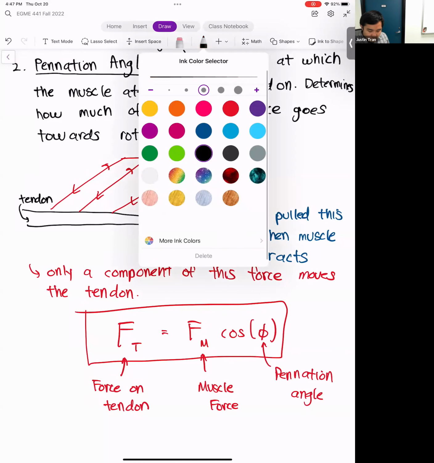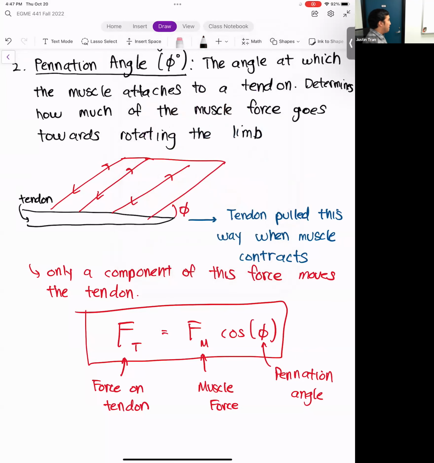For some muscles, the pennation angle is 0, and those are muscles that act parallel to the tendon. A lot of the muscles that we looked at for the static analysis were like that. But when you have a pennated muscle, where you have a muscle all bunched up into one place, and you have some degree of pennation to make sure the muscle can fit in there, then the pennation angle is going to affect the muscle force in that way.